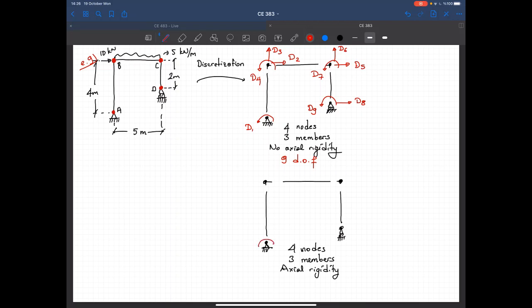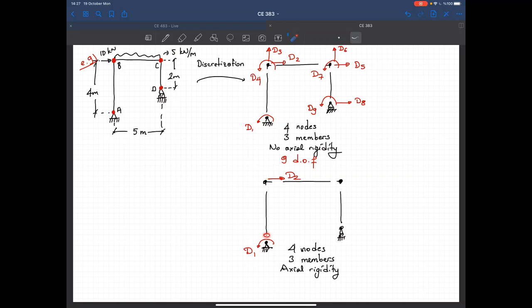So at point A, again, we have D1. So let's go to point B. Can it move in the horizontal direction? The answer is yes, because I don't have any support. So let's put the degree of freedom here. D2. Now, can point B move in the upward direction? The answer is no. Why?